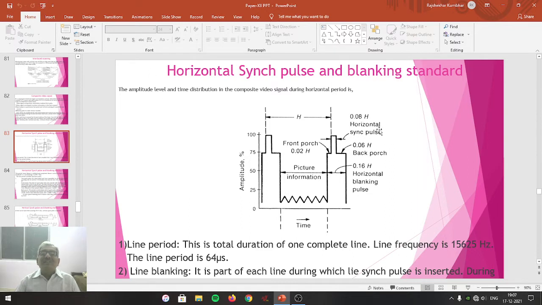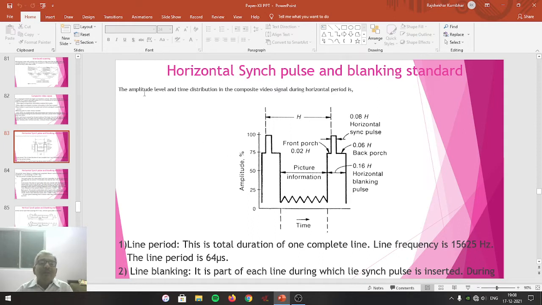These are the pulses to be introduced at the end of every horizontal trace period or at the beginning of every horizontal retrace period. I think you are well aware now of the trace and retrace period of the entire scanning system to form the picture raster.